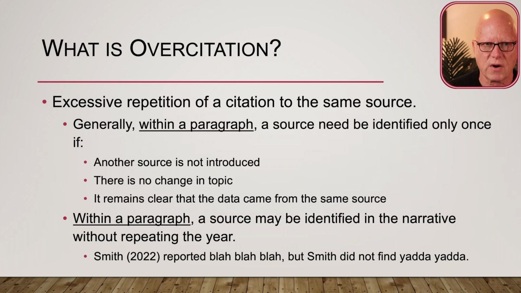Within a paragraph, a source needs to be identified only once, as long as no other source is introduced, there's no change in topic, and it remains clear to the reader that the data you're presenting came from that single source.